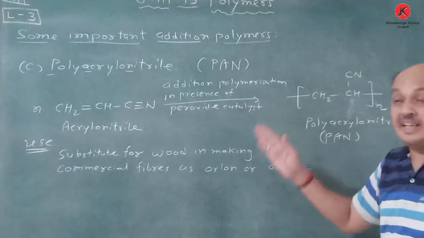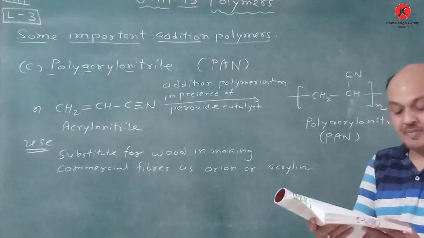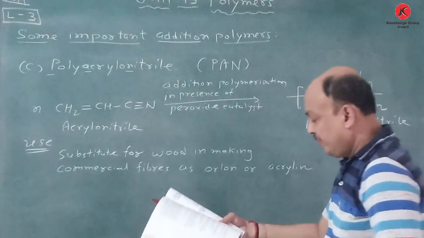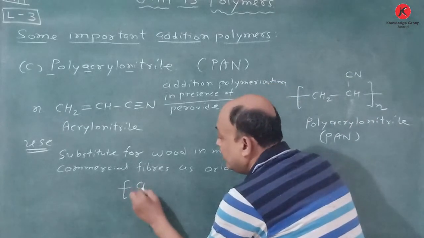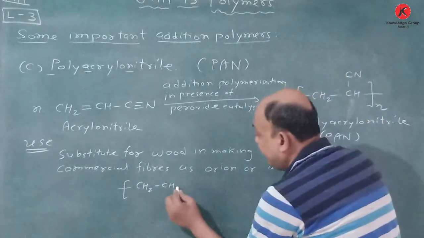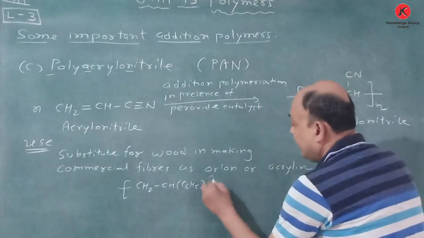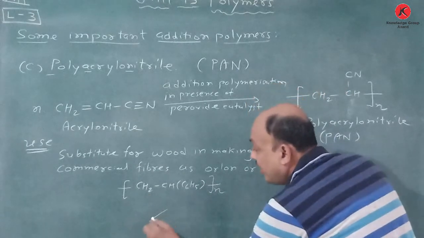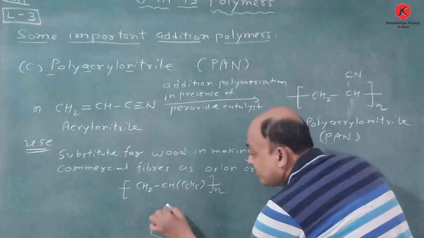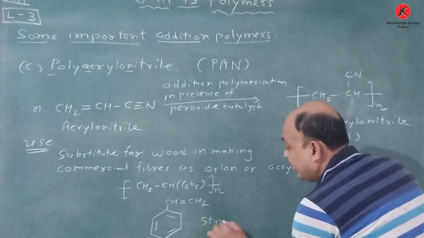Thank you. So lecture number 3 is now over. Next time we move to lecture number 4. But here one example is asked: in example 15.1, they write CH2, CH, C6H5 and here n. Remember this is the formula of styrene, CH2=CH-C6H5.